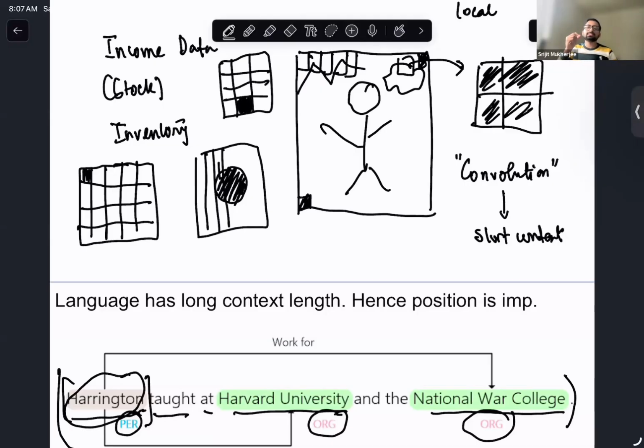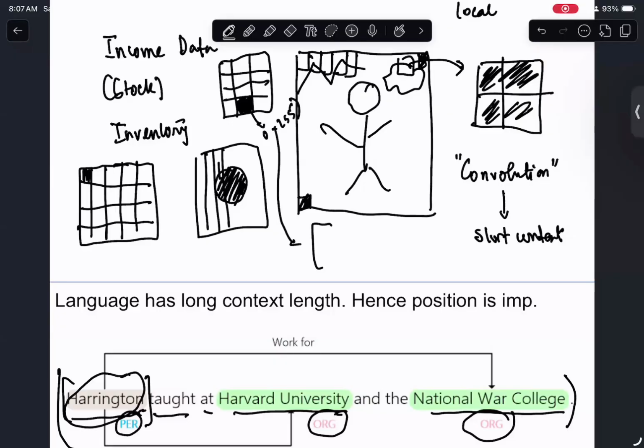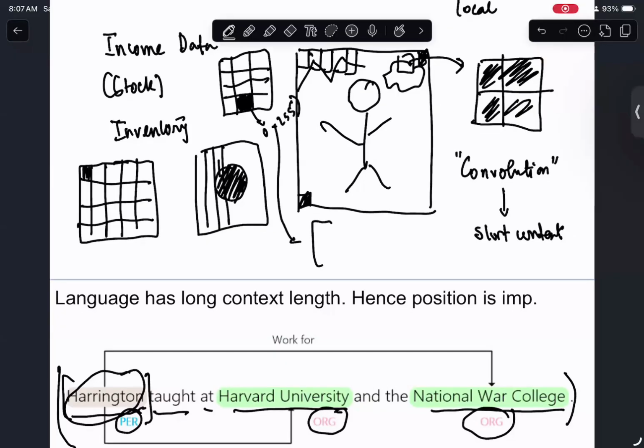Each pixel has an intensity value of how much gray it is. Essentially every pixel is a number, usually between 0 and 255. If it's 0 then it's black, if it's 255 it's white. So it's a spectrum of values, and it becomes a two-dimensional array, a matrix. Does it make sense? Yes, sir.